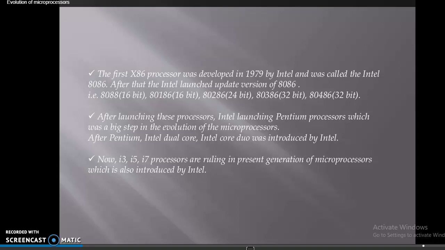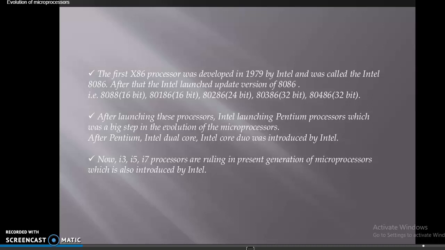The 8088 and others are 16-bit microprocessors, the 80286 is a 24-bit microprocessor, and the 80386 is a 32-bit microprocessor. In the brackets you can see the bit numbers. A 32-bit microprocessor can process 32 bits a second, and 24 bit means a CPU can process 24 bits a second. This denotes the processing capacity or the speed of the computers.